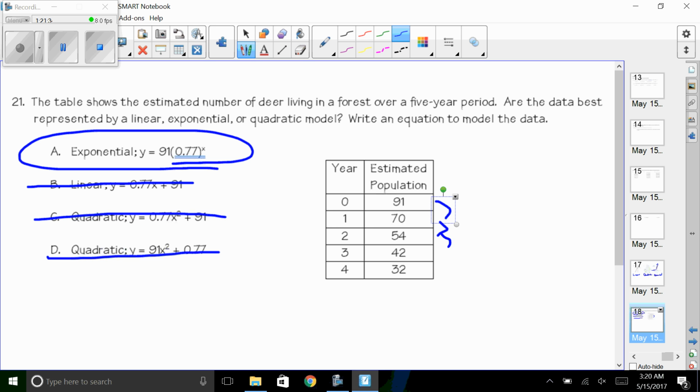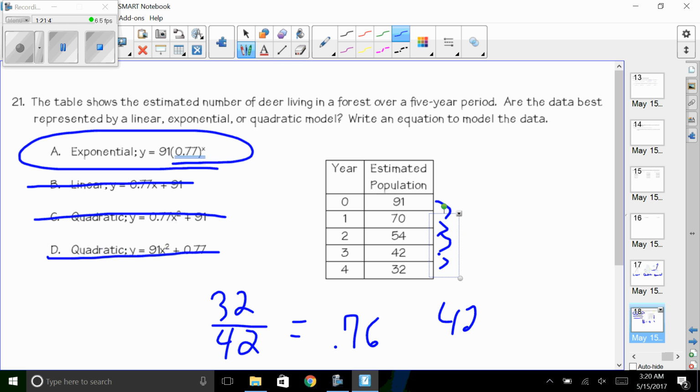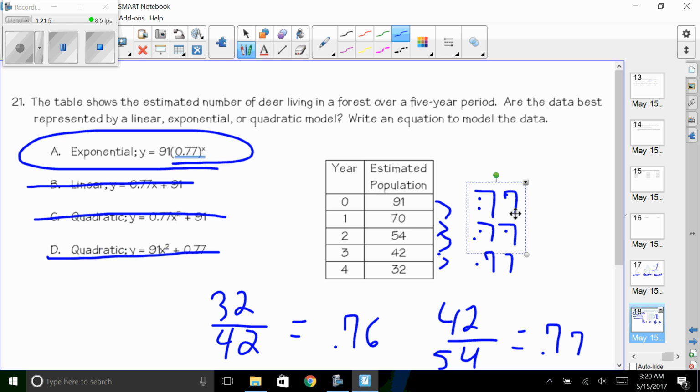Well, when you're trying to figure out what you multiply by, just work backwards. 32 divided by 42 gives you like 0.76. 42 divided by 54 was like 0.77. And so they're all about 0.77 each time. So that's the rate of change. So that would make sense on how they got that number.